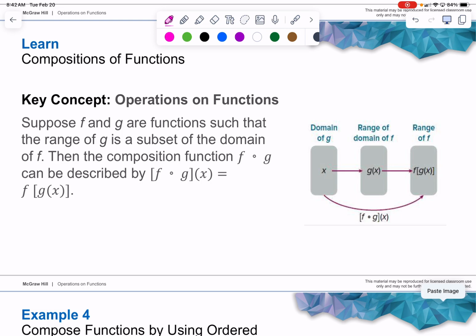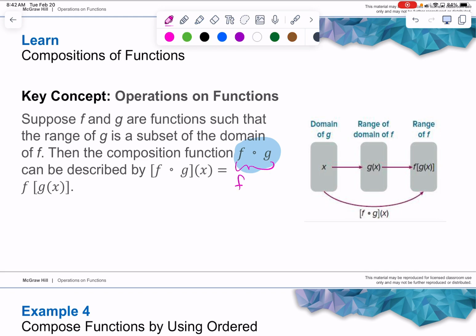Then the composition function f open dot g, which means f of g, can be described by f of g of x equals this outer structure f whose input is g of x. Okay, so I've got an outer structure of f of x, right?